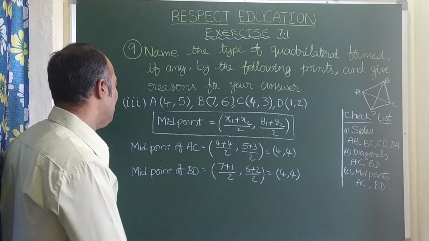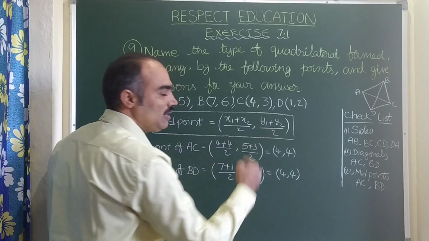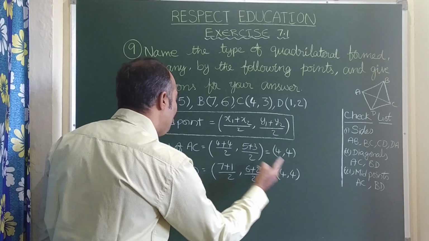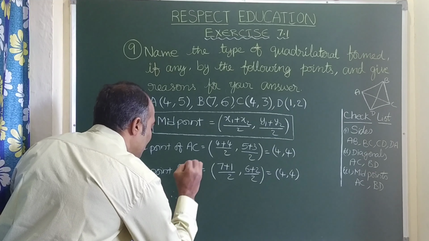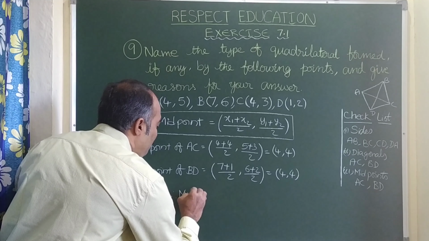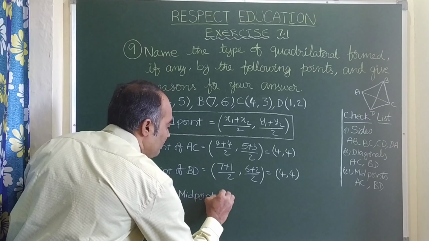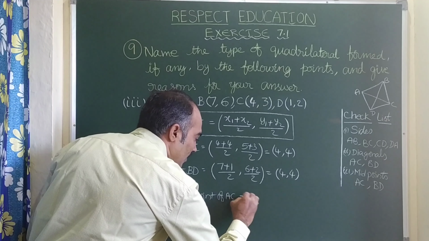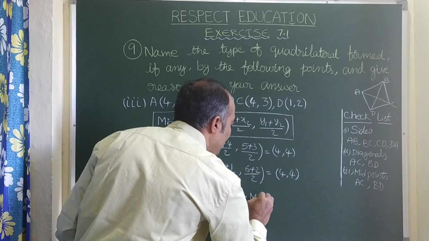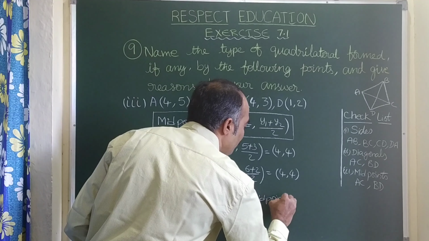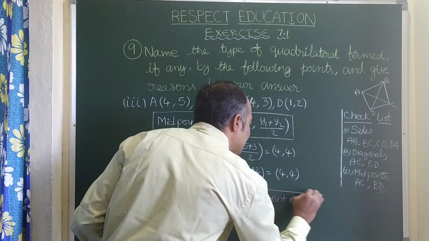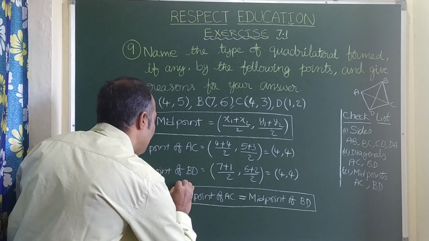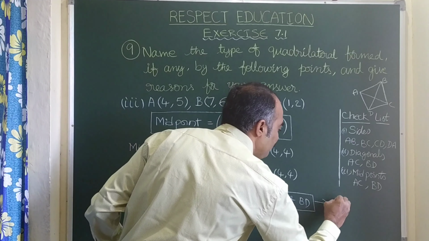Here let us observe the midpoint of AC is (4, 4), and the same (4, 4) is the midpoint of BD. Therefore the midpoint of AC is equal to the midpoint of BD. Let us take this as equation number 3.